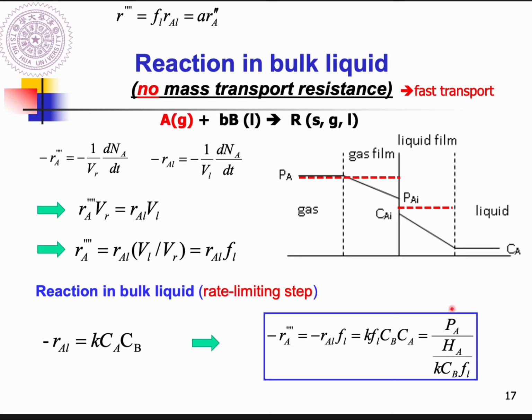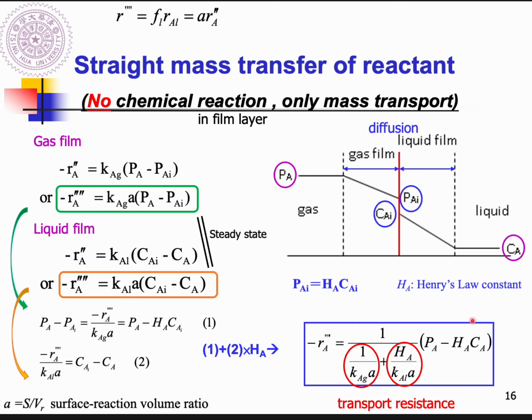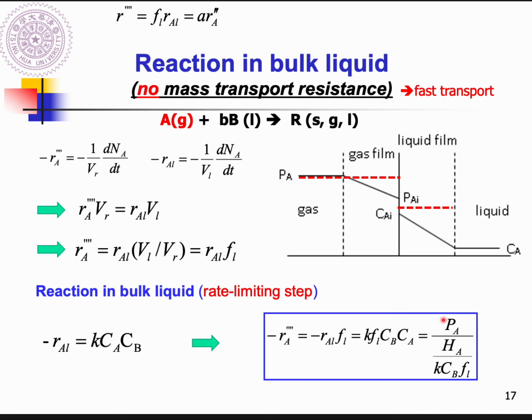So the driving force here, I will use P_A, also consistent with here, we use P_A, partial pressure, as a unit. And I put the rest of the parts in the bottom, and the form will be similar with what you learned, and will be considered as a reaction resistance. And this is a partial pressure, okay? So it's easy to remember.